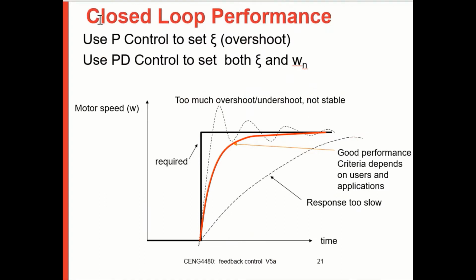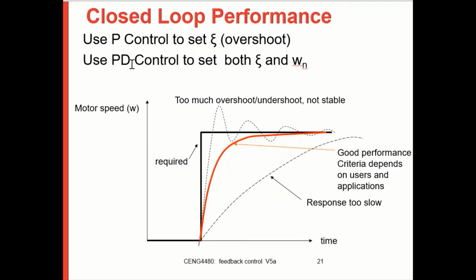Now, in closed loop performance, if we've got proportional control, we can use this to set the damping ratio, which directly influences the overshoot. So with proportional control, we can really set our desired overshoot. If we use a PD controller, we can set both the damping ratio and the natural frequency, which means we can control the overshoot and the rise time.